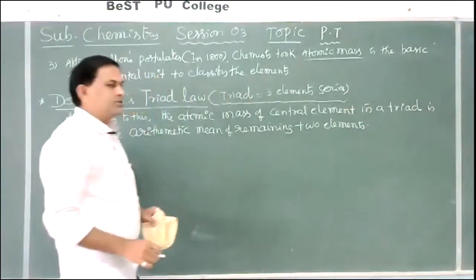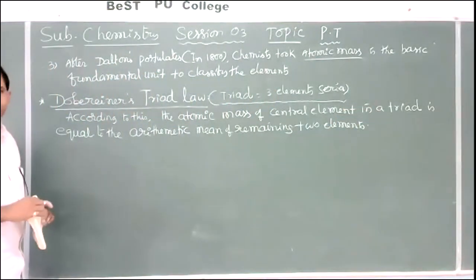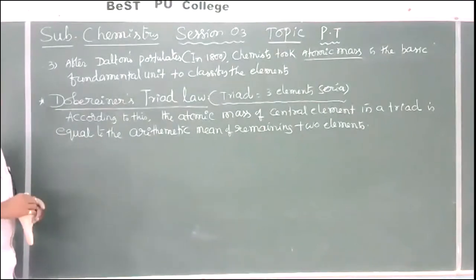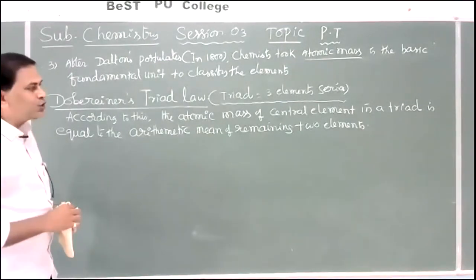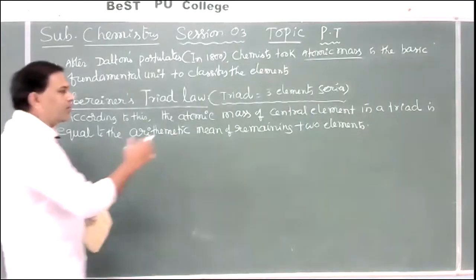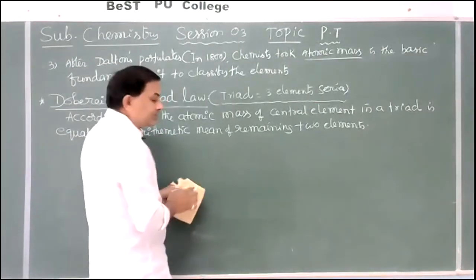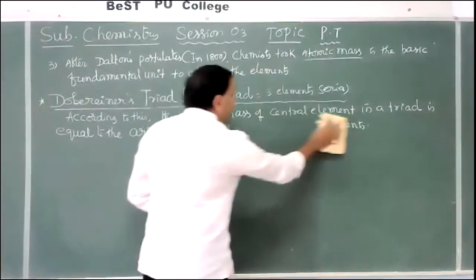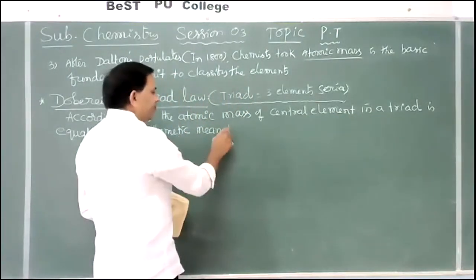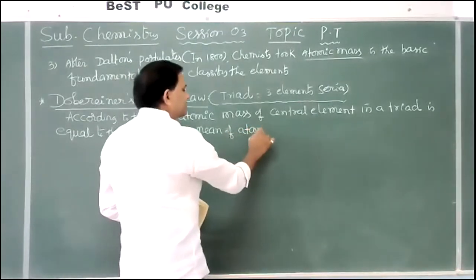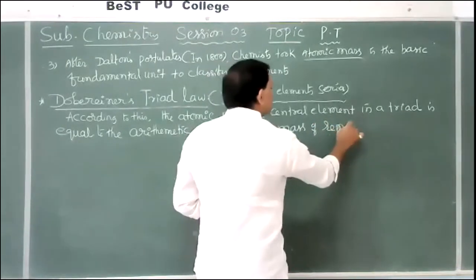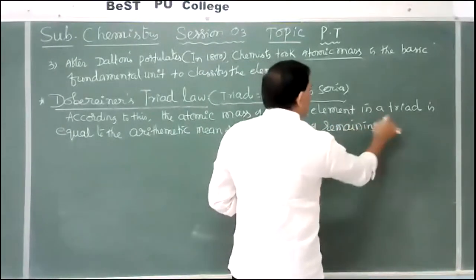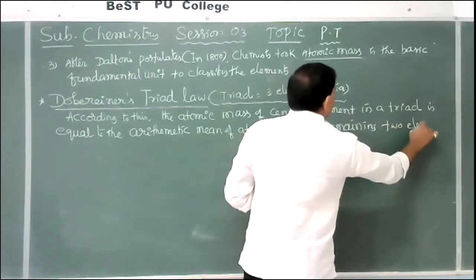That is the 1 mark important statement. Write here: arithmetic mean of the atomic mass of the remaining two elements in a triad.